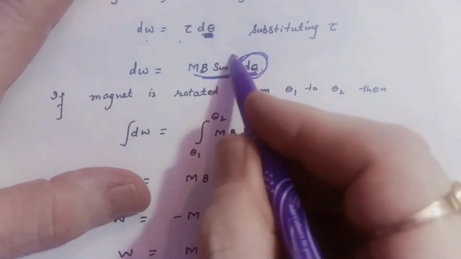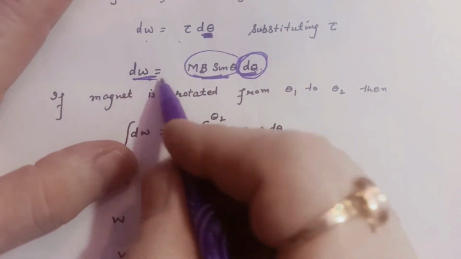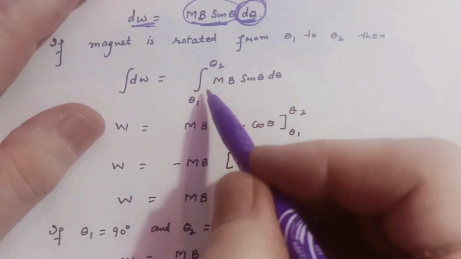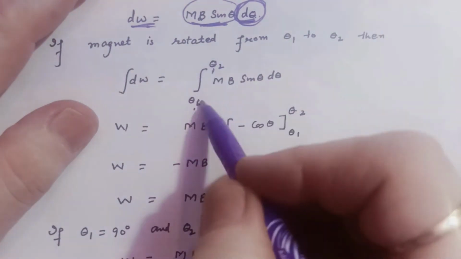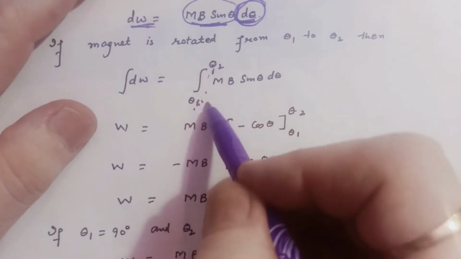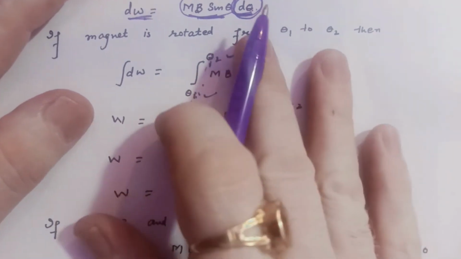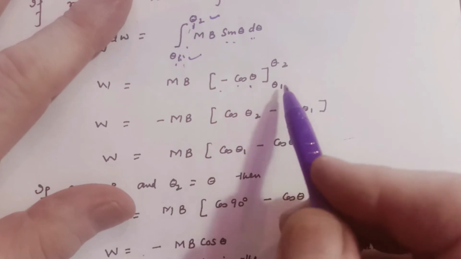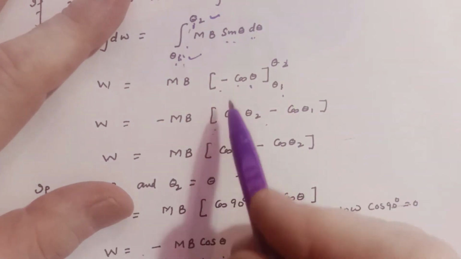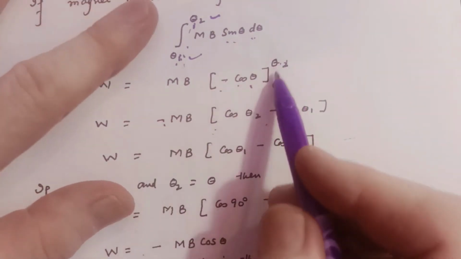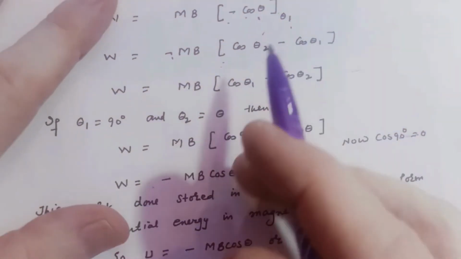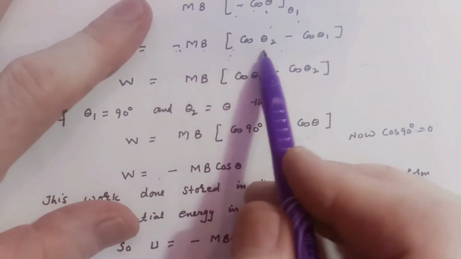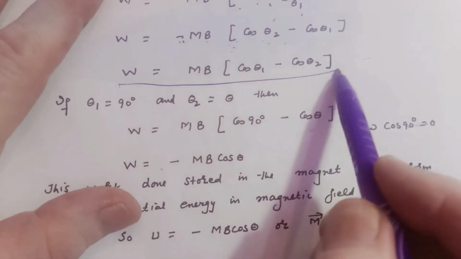Substituting the value of the torque mB sine theta, this is the work done. Now if you are going to rotate from theta 1 to theta 2, theta 1 is the initial angle, theta 2 is the final angle. Now sine theta d theta integration is minus cos theta. Limits, the minus sign is taken outside, substituting the limits, so minus is adjusted inside. So this is the expression.